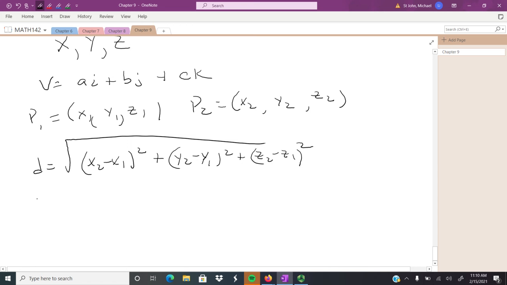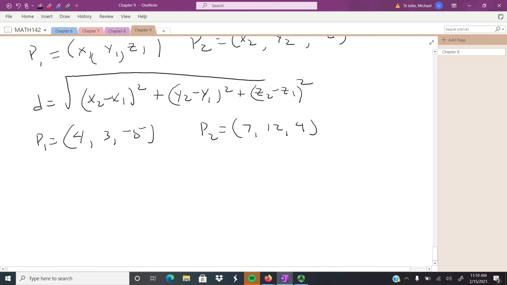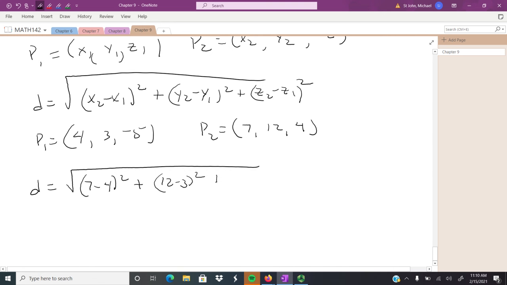So an example of this, given that P1 is the point 4, 3, negative 5, and point 2 is 7, 12, 4, then the distance d is the square root of 7 minus 4 squared plus 12 minus 3 squared plus 4 minus negative 5 squared.